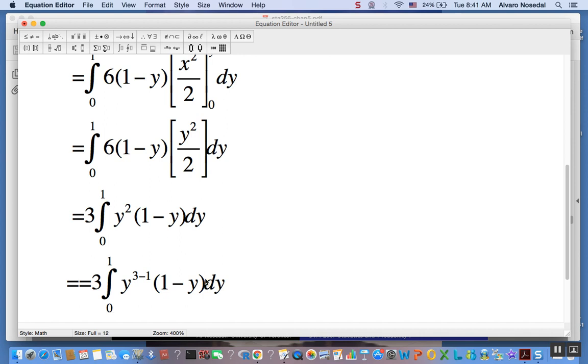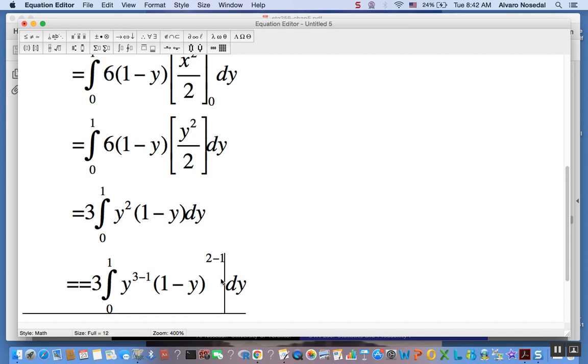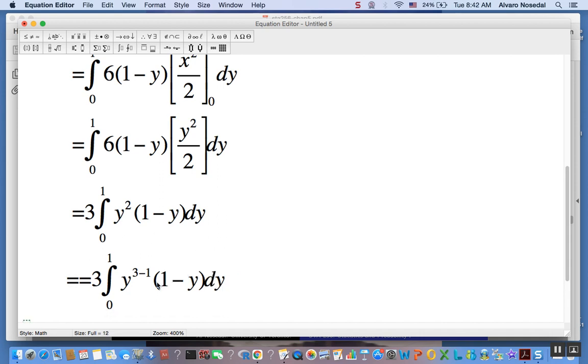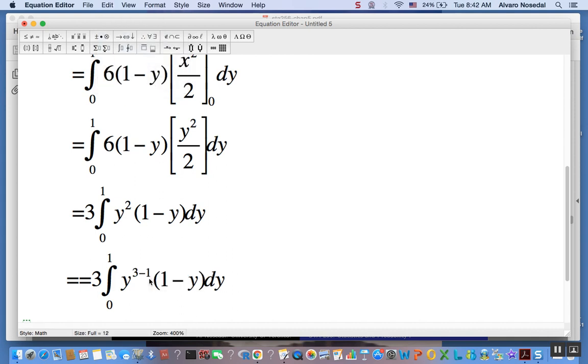And 1 minus y is the same as 1 minus y to the power 2 minus 1.